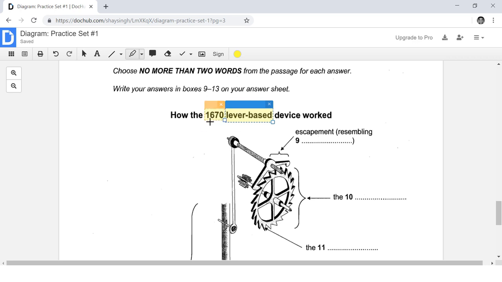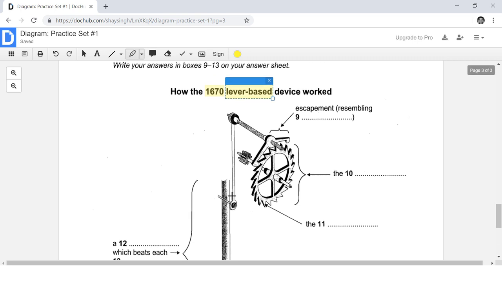So we're going to use these keywords to identify the paragraph that is going to contain our answers, the paragraph that talks about how this device worked. Because most of the times in the diagram questions, the question set is going to come from only one paragraph and maybe 2 paragraphs, but most of the times it's going to come from one main paragraph.